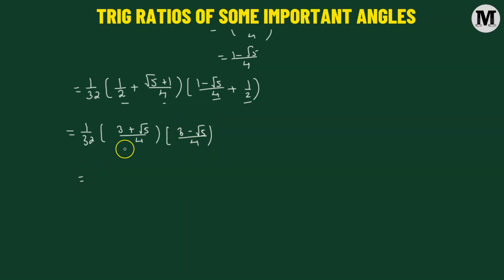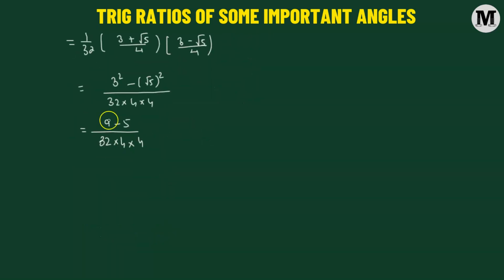So now in the numerator we have the product of 3 plus square root of 5 times 3 minus square root of 5. This will be the difference of two squares. So we have 3 squared minus square root of 5 squared, divided by 32 multiplied by 4 times 4. Here 3 squared is 9, 9 minus square root of 5 squared, which is 5, divided by 32 times 4 times 4.